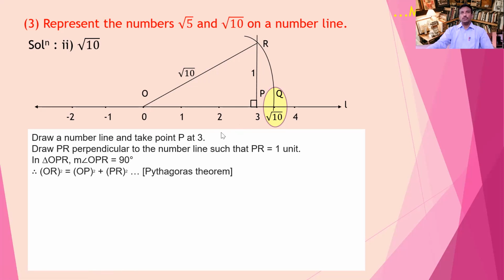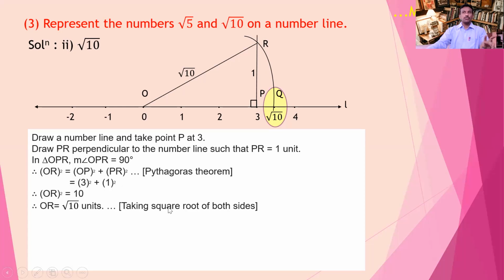Now, the value of OP is 3 and PR is 1. Put the values: 3 square plus 1 square, square of 3 is 9 and square of 1 is 1. 9 plus 1 is 10. Therefore, OR square is equal to 10. Taking square roots on both the sides, we get OR is equal to under root 10 units.